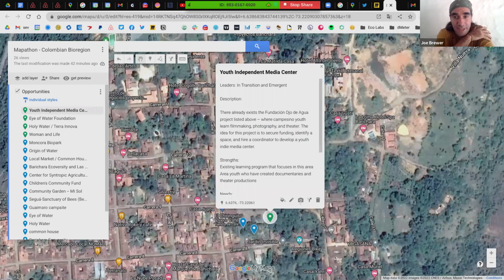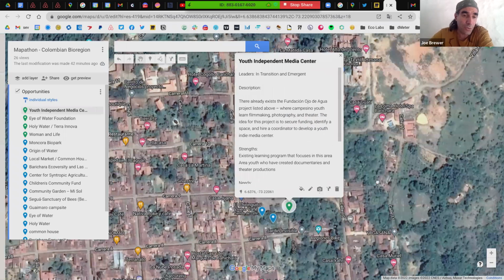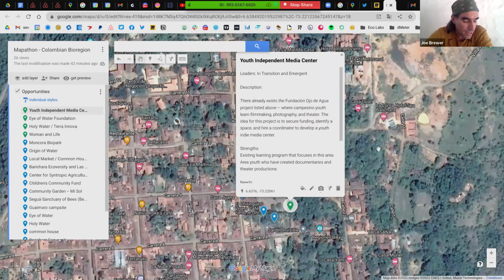The Youth Independent Media Center really started with a young man named Guillermo, here in Barichara, who works in audiovisual production for TV soap operas and movies with some of the film industry in Bogota. As he was doing a work exchange to create small, 5-minute video segments of stories around the regeneration of the territory, he kept articulating this desire to create a youth independent media center.